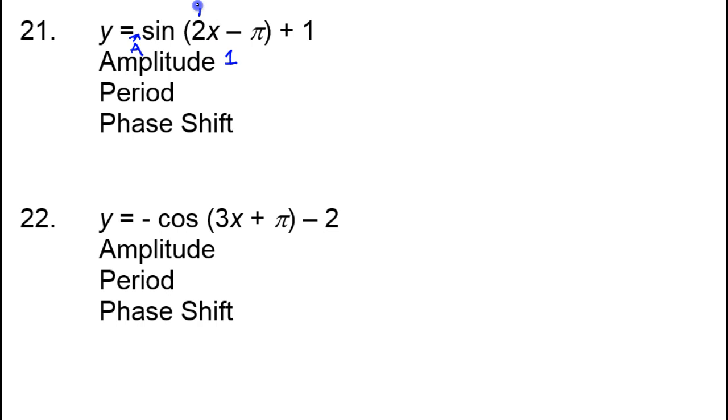We really need this 2 outside the parentheses to reveal what the actual phase shift is. I'm going to come back to that. We're going to have to change the form around a little bit. But we do have this k value. This is going to be a vertical shift, so things are going to move up 1. All right, so we're going to deal with all of that.